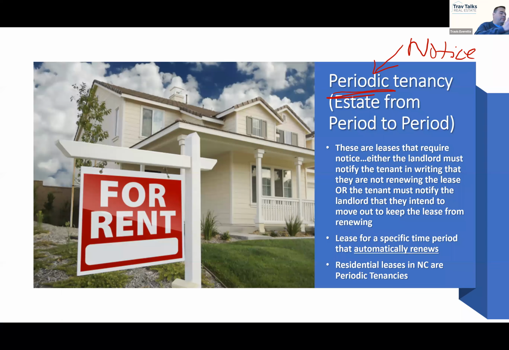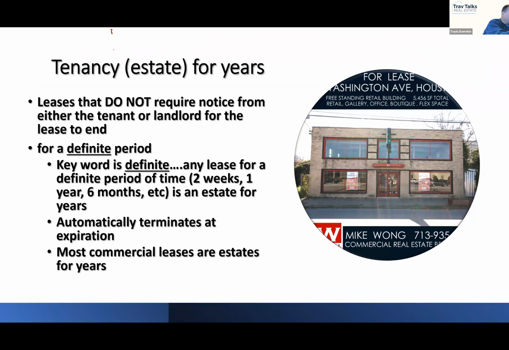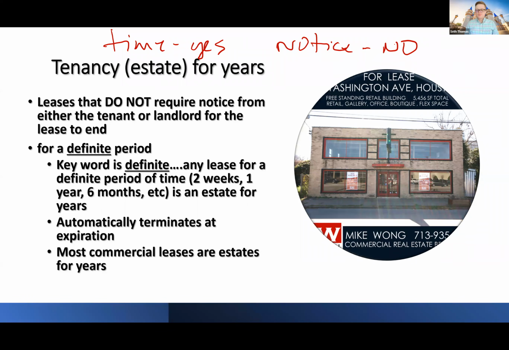So on this one, notice is yes, time is yes. On this one, it specifies an amount of time, and notice is no. Everybody with me on that?